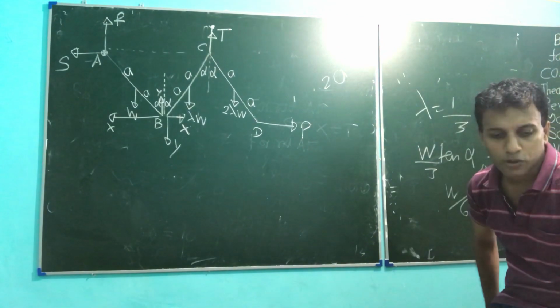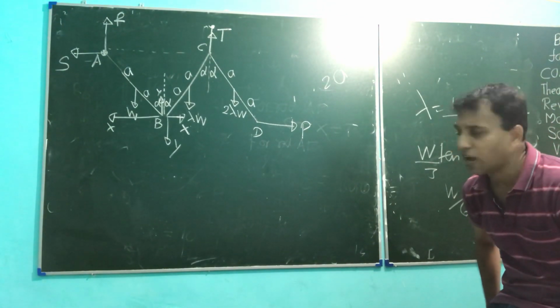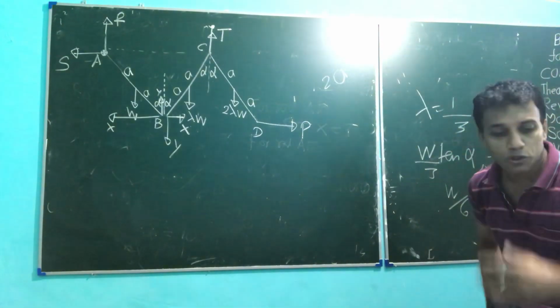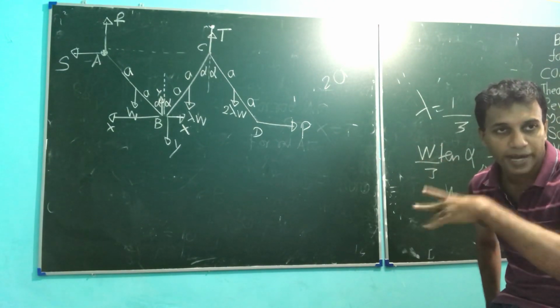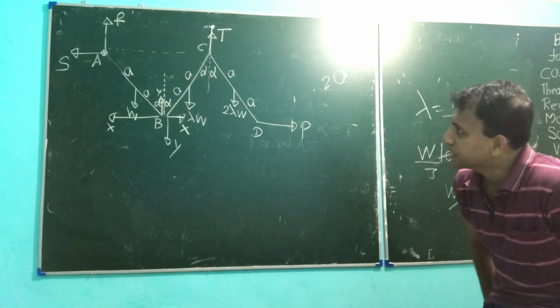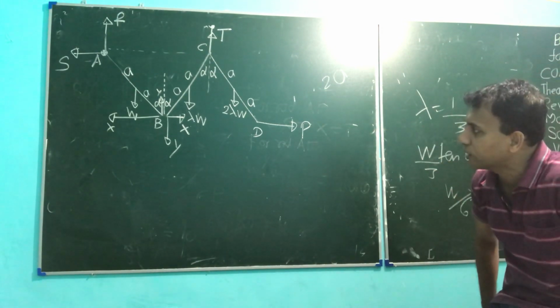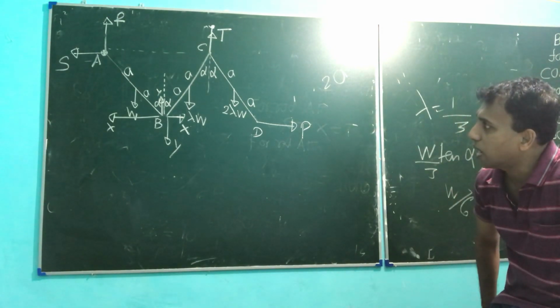In applied maths, if anything has to be shown or proved, you try to do one quantity by two methods and equate. So maybe here T, or anything you can find by two methods to equate, you can get the answer. So what is the method here?